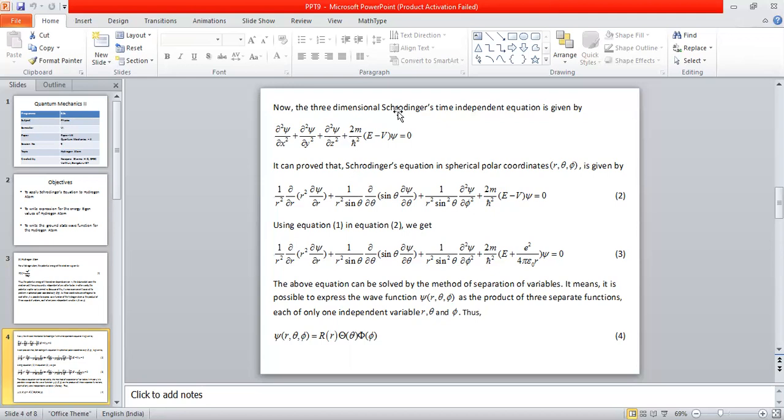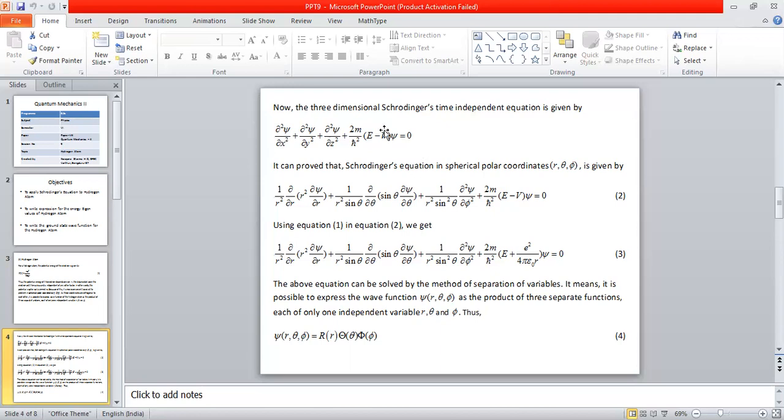As I have already told, solving this equation in the Cartesian coordinate system for a spherical system like the hydrogen atom is difficult. So rather than Cartesian coordinates, we go for the spherical polar coordinates, which are nothing but r, theta, and phi. Now, there is a little bit of mathematics involved here, and we are avoiding this mathematics.